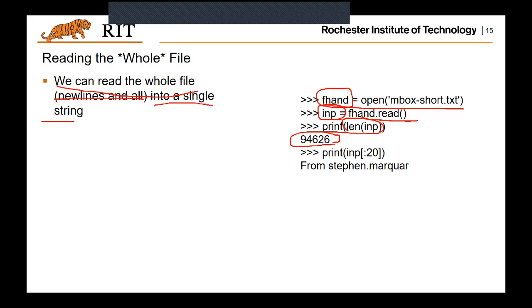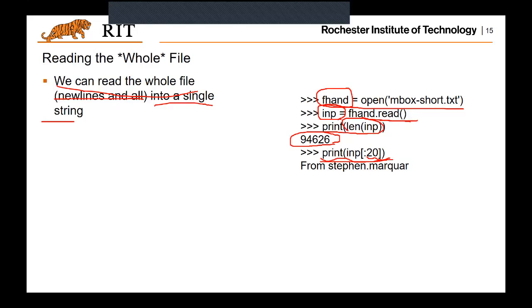Since INP is a string, we could manipulate it using what we have learned about strings. So basically, this line tells Python to print the characters from 0 to 20.